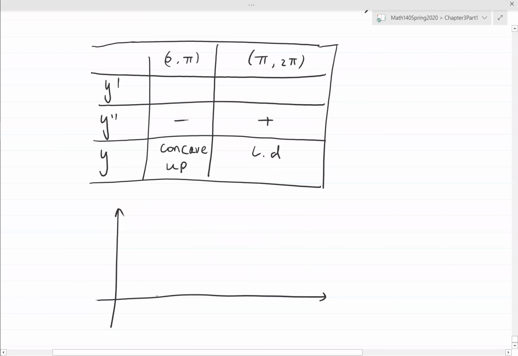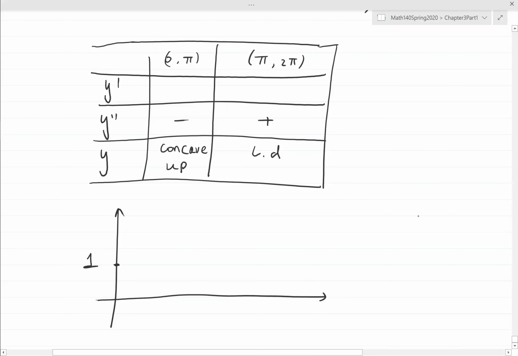Now y from 0 to 2 pi. Suppose this is y.